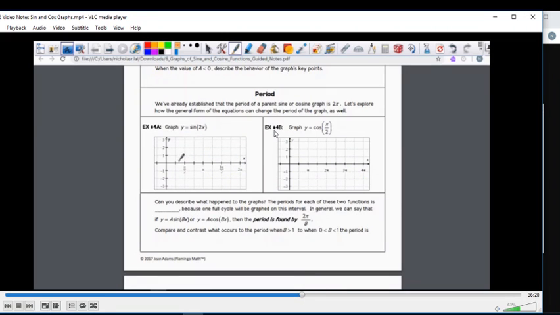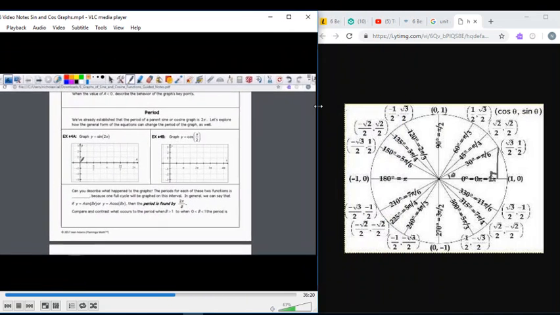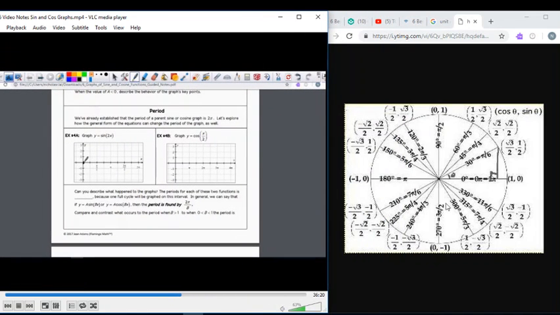Now with period, we've already established, period is how often the pattern of the graph repeats. So with the sine of 2x, think about it. If you have 2 times the input, you're going to be going around the unit circle twice as fast.